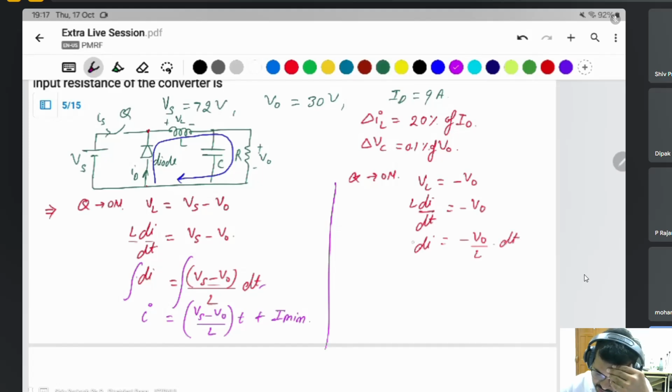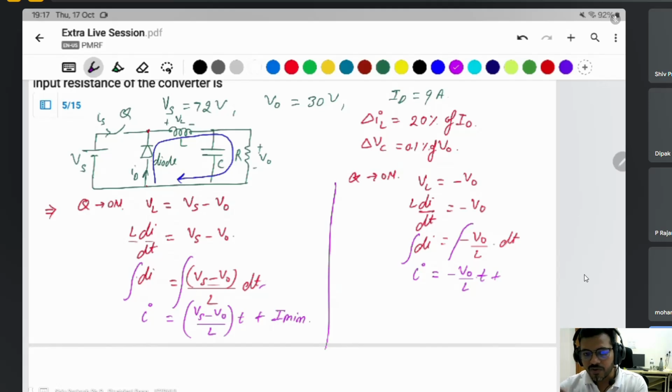Integrate both sides. The output voltage is constant and the inductance is constant, so only t is there, with a negative sign because the switch is off and the slope will be negative, so it will be decreasing. From where will it decrease? What is the initial value of the decreasing current? It will be I maximum. The maximum current will decrease.